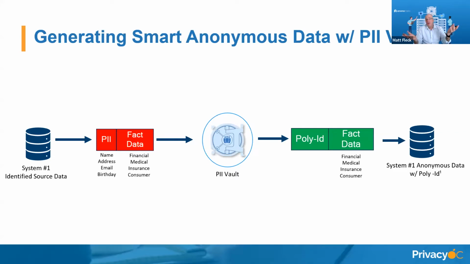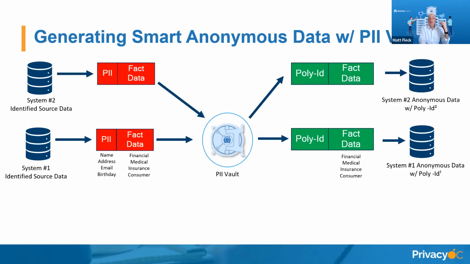You might be saying, great, fine, I can do that anywhere with any sort of de-identification. Here's what the pass-through anonymization and smart anonymous data can do. You have a second source, and it can do the exact same thing. Now, when that second source sends their identified data using pass-through anonymization through the vault, it gets its own set of fact data, which is safe to use, and its own set of poly-IDs.